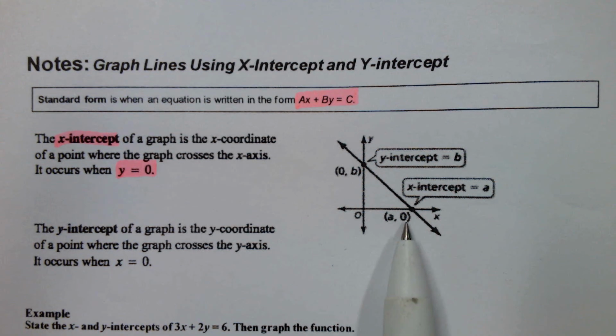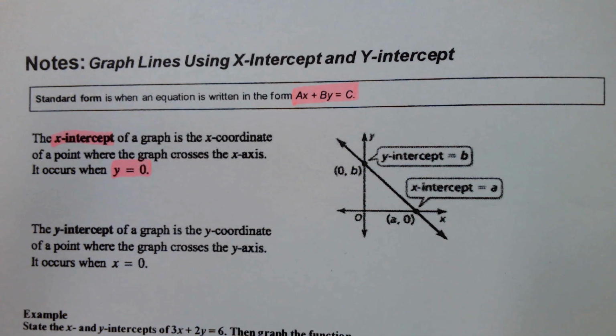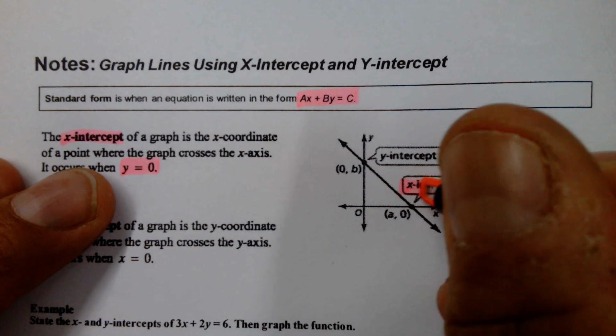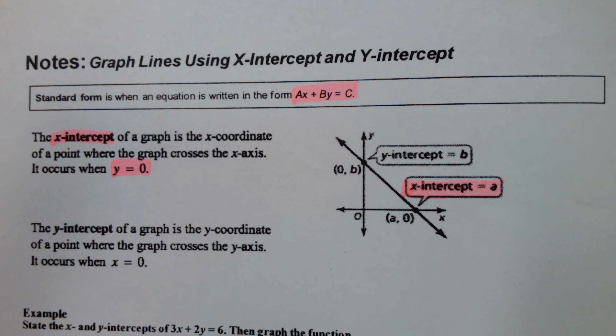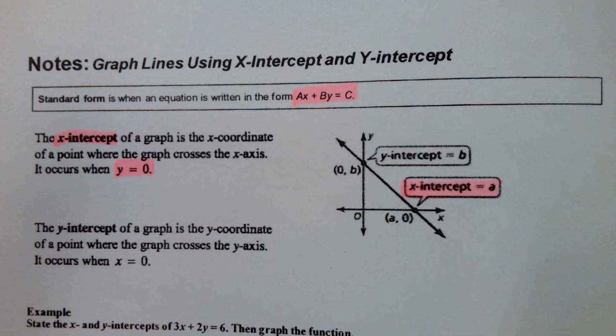So the coordinates are a comma 0, and we typically call the x-intercept a, just the number a. Now, that's the x-intercept. We're just looking for where it crosses the x-axis, and the y value at that point is always going to be 0 because that would be the coordinate value for y.